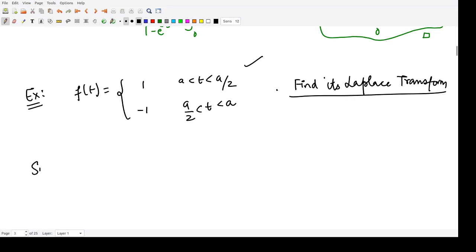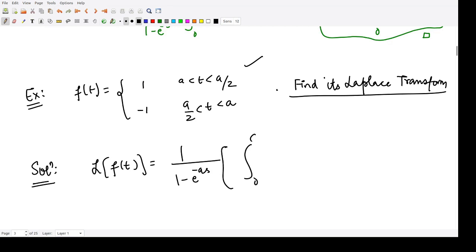we could use the above result, which says that the Laplace transform of some periodic function is given by 1 upon 1 minus e to the power minus as, into the integration from 0 to a of e to the power minus st f(t) dt. So this is the result, where this a is the period of the given function.